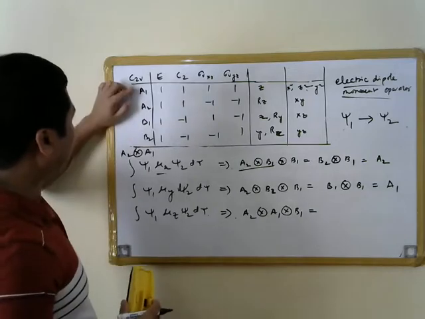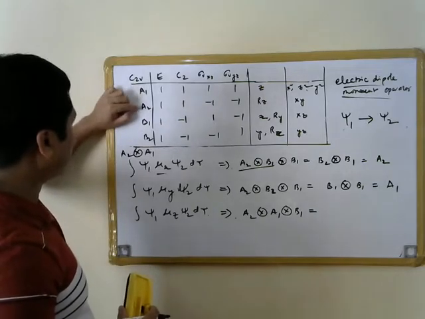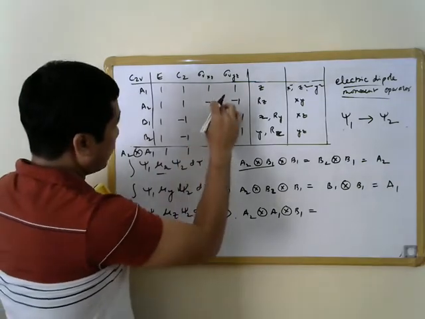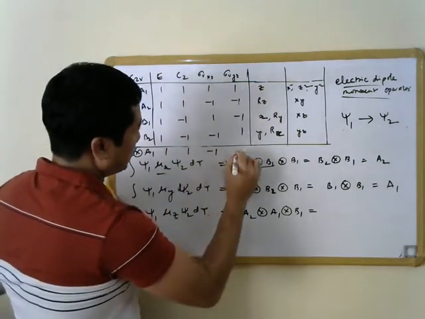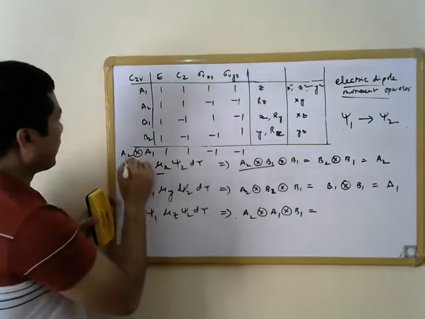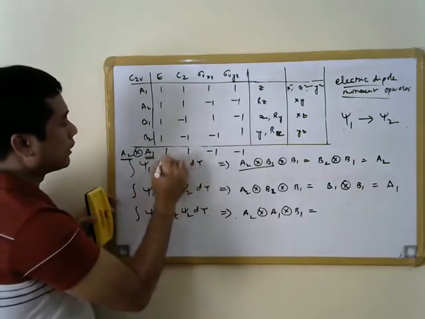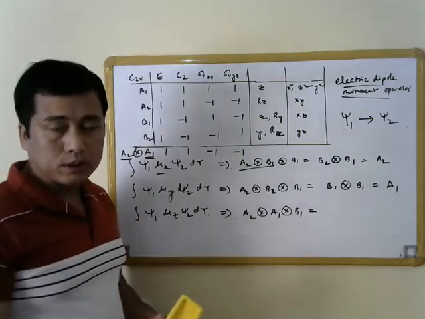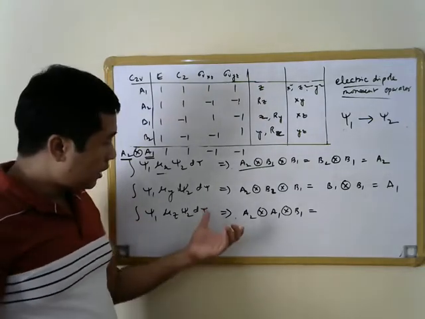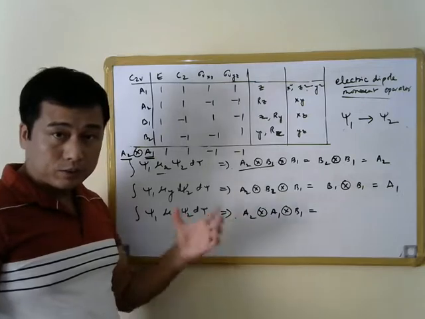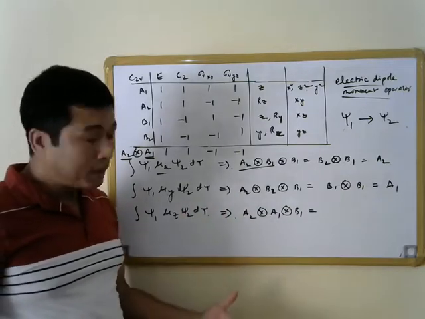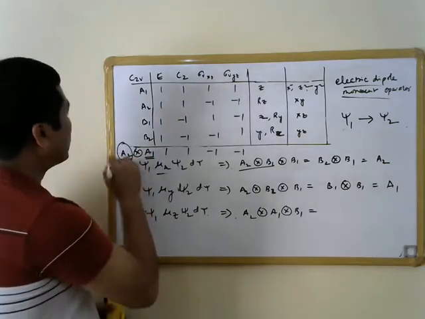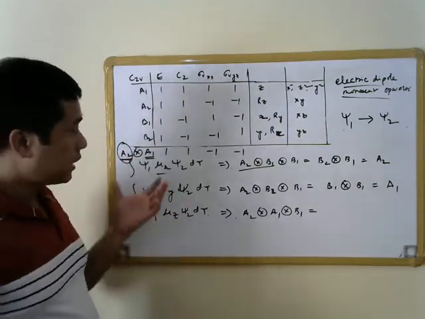So when we multiply a1 and a2, 1 into 1, we will get 1, 1 into 1, once again 1, 1 into minus 1, minus 1, 1 into minus 1, minus 1. So when we multiplied a2 with a1, we got the characters of a2. So whenever you do direct product of an irreducible representation with a1 irreducible representation, you will get the same irreducible representation as the answer.